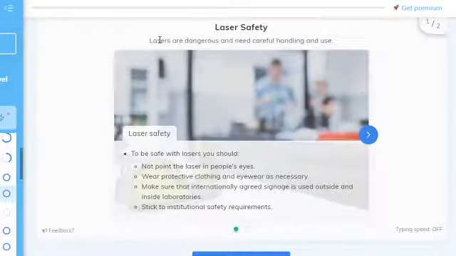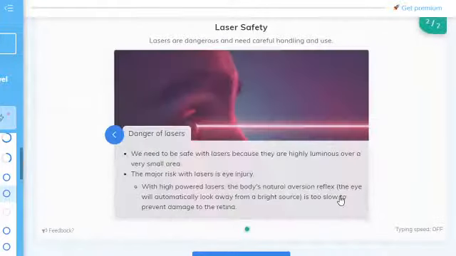Laser safety. Lasers are dangerous and need careful handling and use. That's because it could go in your eyes and could hurt your eyes. Wear protective clothing and eyewear. Internationally agreed to be used outside and inside laboratories and stick to institutional safety requirements. And dangers, it could hurt your eyes.